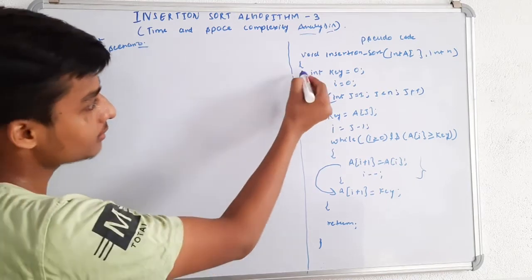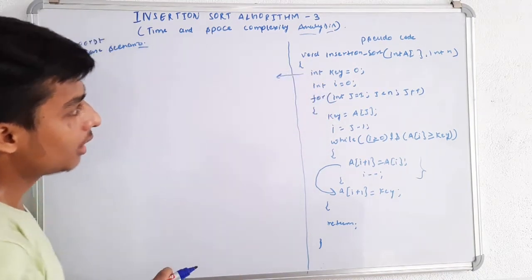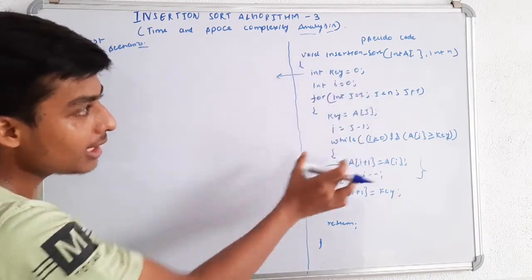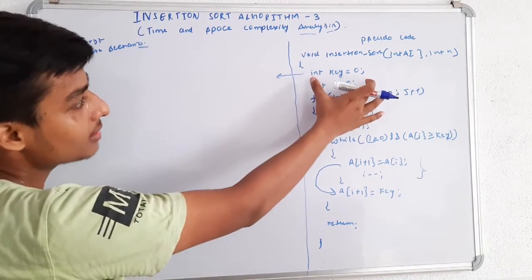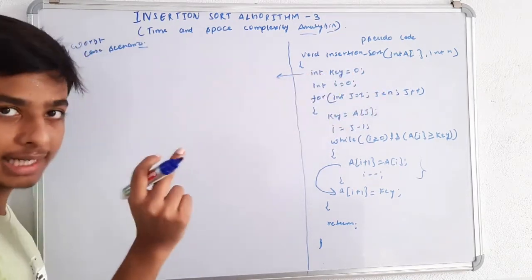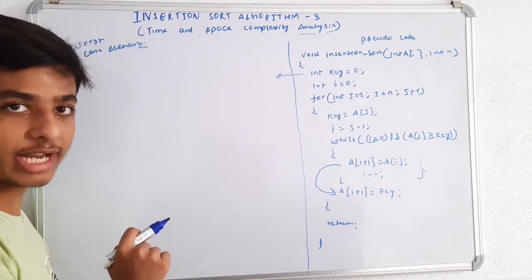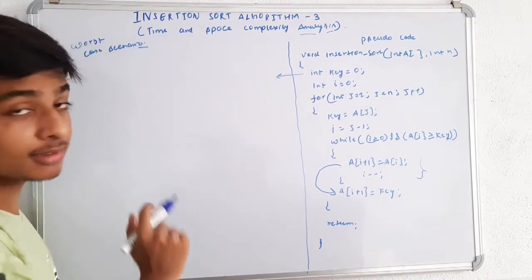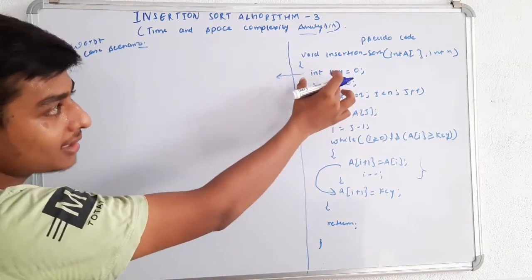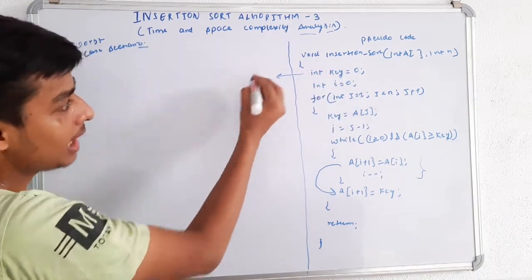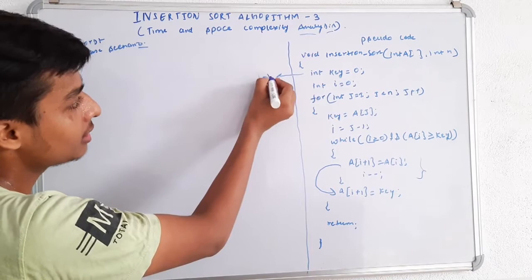So if you see here, as this function is called only one time, this statement will run only one time. Let's say the running time of this first statement is C0, and as it will run only one time, the running time will be C0 into 1.